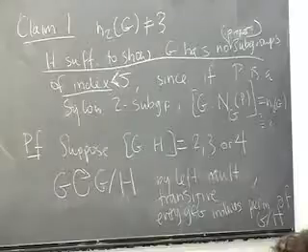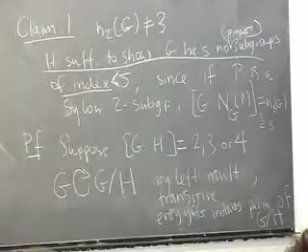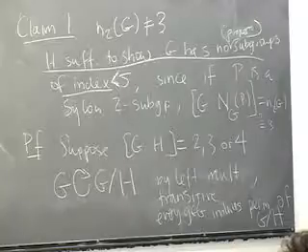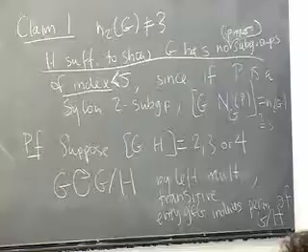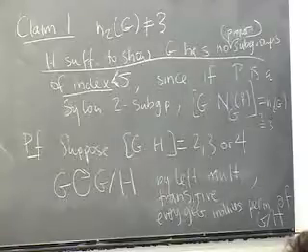So in effect, the natural action of G on G mod H gives us a homomorphism from G. You have to verify that this thing really is a homomorphism, but that's not hard.